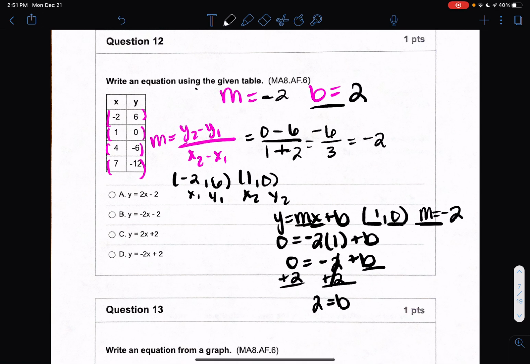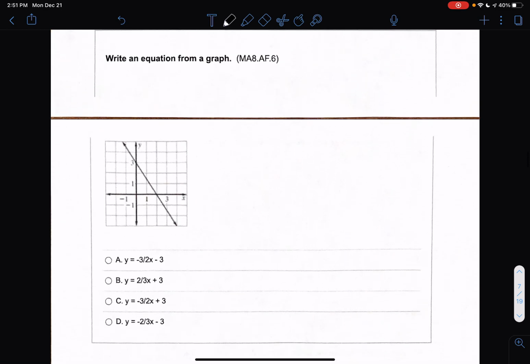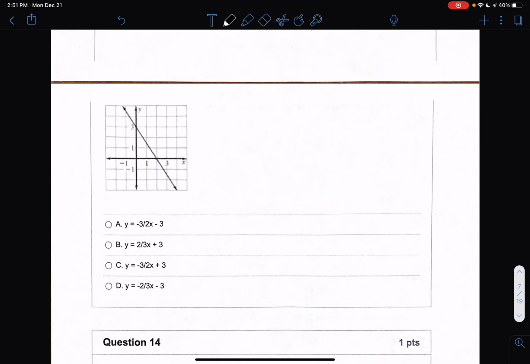So with the information that we found, that our slope is negative 2 and our y-intercept is positive 2, I'm going to look at my options to see which one represents my slope as negative 2 and y-intercept as positive 2, which is D. Now, once again, we are creating an equation for our graph.